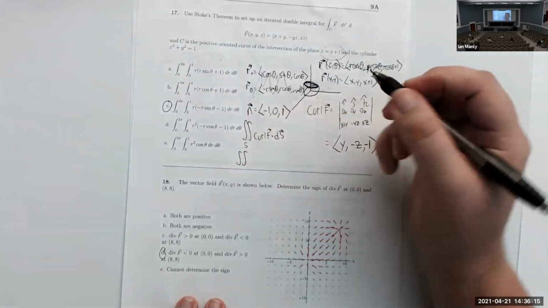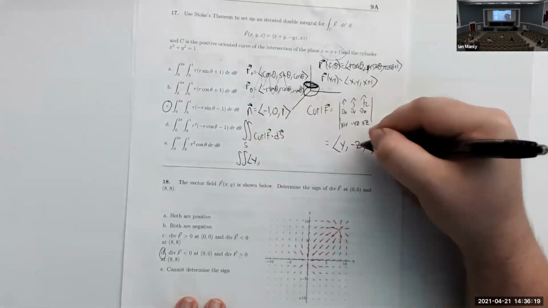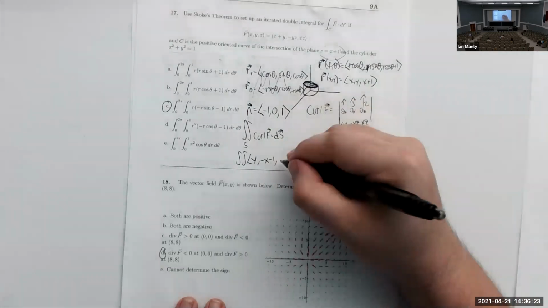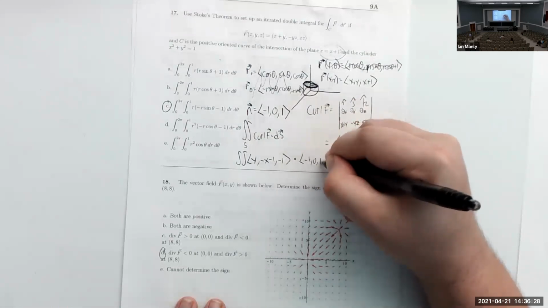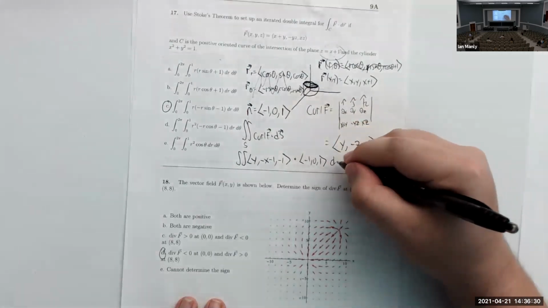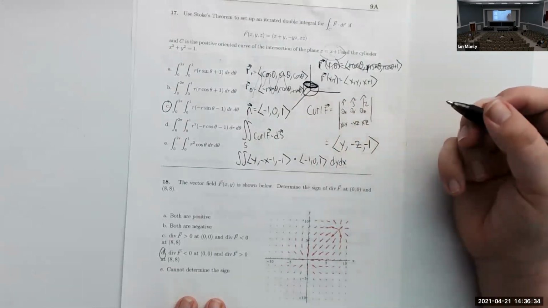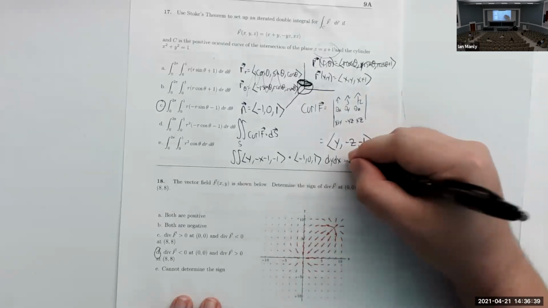So this will be, let's see, the curl was this, y, and then negative z, which now is negative x minus 1. We have negative 1, dotted with negative 1, 0, 1, and this will be dy dx. When we do our dot product here, we have negative y minus 1.